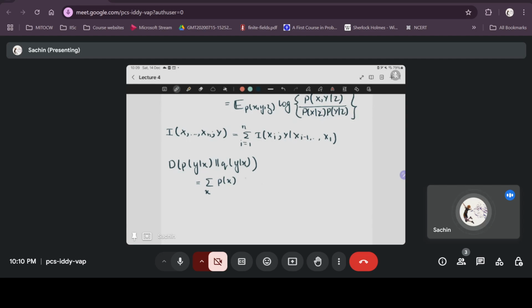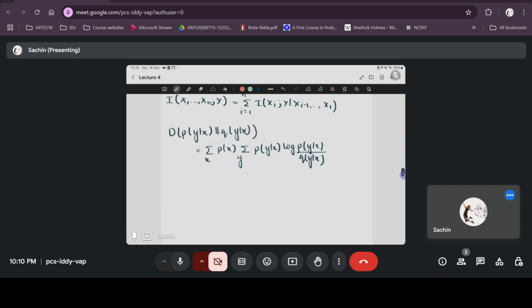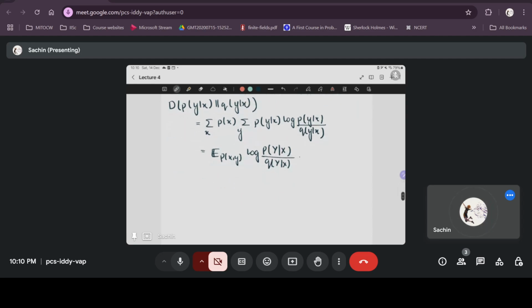So averaging over x, p of y given x log of p of y given x by q of y given x. Or it can also be written as expected value of log of p of y given x by q of y given x, where the expectation is over the joint distribution p of x comma y.